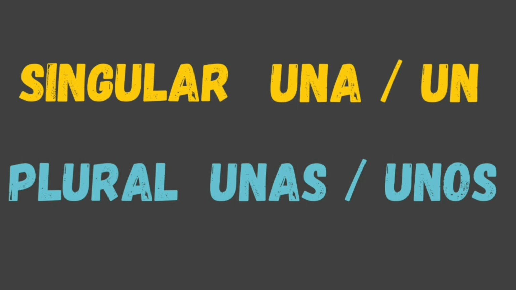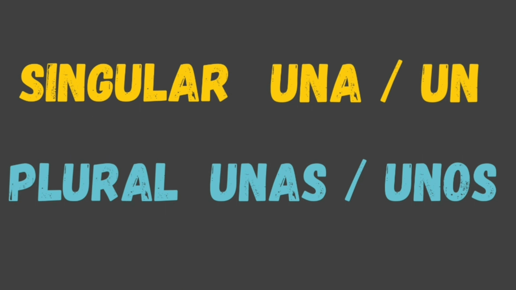Another example would be some bottles, and the meaning of that is unas botellas, some bottles, okay? Botellas has a female gender, so that's why we have to use the indefinite article unas in the plural form.